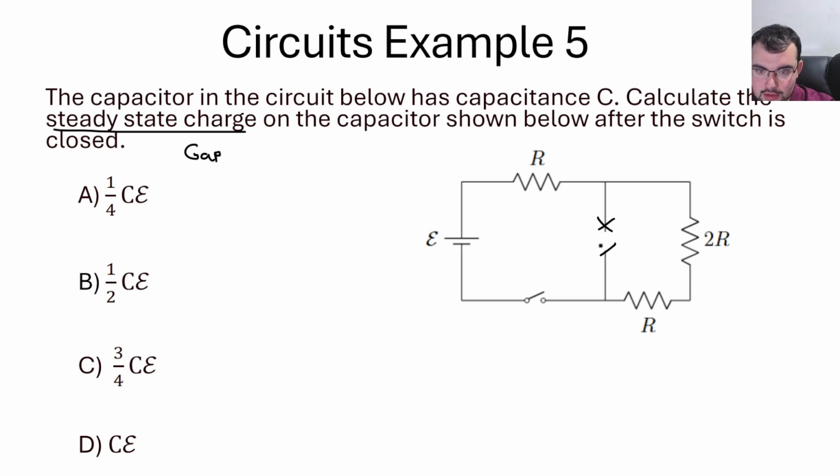No current can cross the gap, so my current is forced around, not a short circuit, but what I've been calling a long circuit. So REQ for the long circuit, because it can't skip down that middle path, goes through an R, a 2R, and an R, which makes 4R. Then we can find the total current in this series loop by doing the battery EMF divided by REQ.